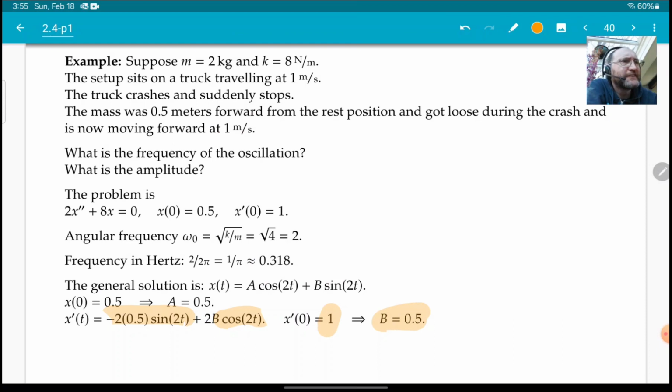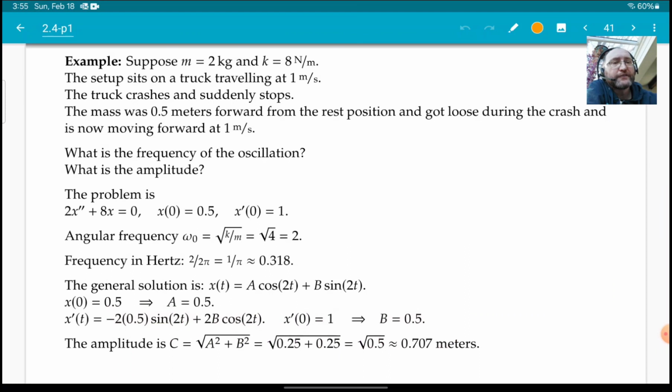We've done this a whole bunch of times by now. So the amplitude is the square root of a squared plus b squared. a was a half, b was a half, so a squared is a quarter, b squared is a quarter, quarter plus quarter is a half, and the square root of a half is approximately 0.707 meters.